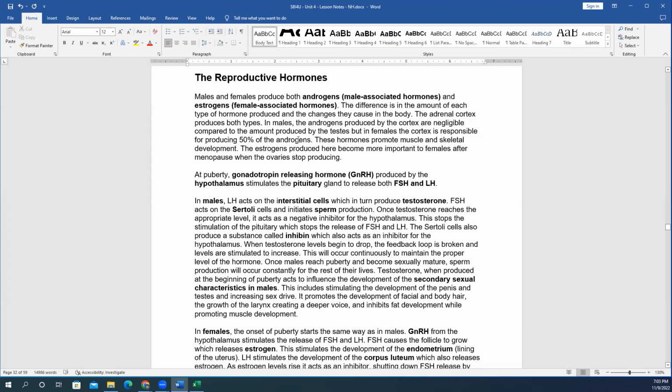So in males, both of these glands, both the adrenal cortex and the testes, produce androgens, but to a much greater extent these are produced by the testes in males, and to a lesser extent by the adrenal cortex. Let me just add that in to be clear that we are still talking about the adrenal cortex.